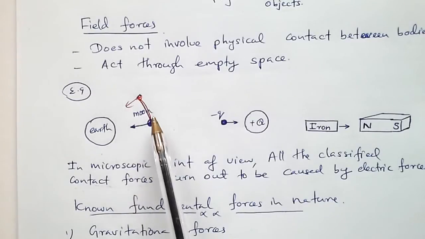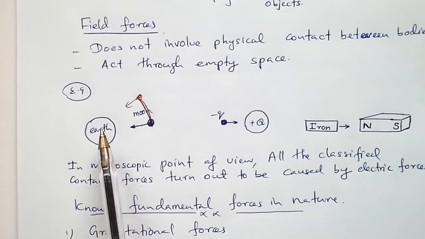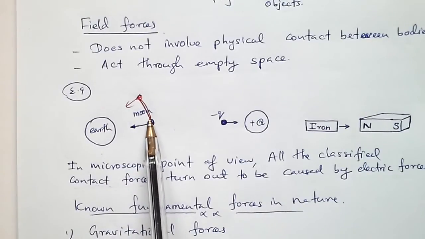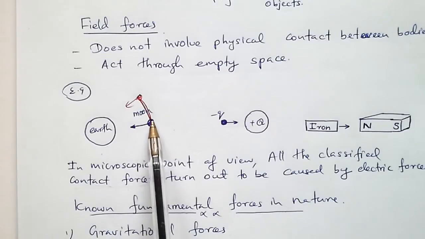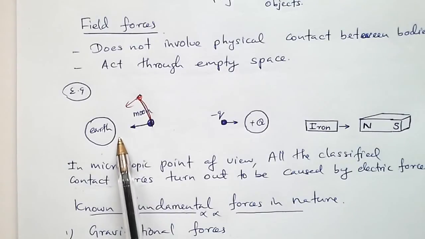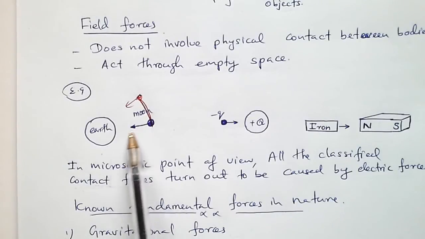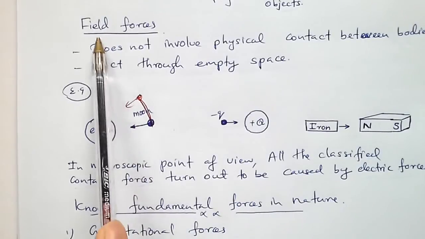At each point, the velocity of the Moon will change. And we said this change in velocity is caused by the gravitational force exerted by the Earth on the Moon. So this gravitational force acts between these two objects, and in between you have empty space. So gravitational force is a field force.